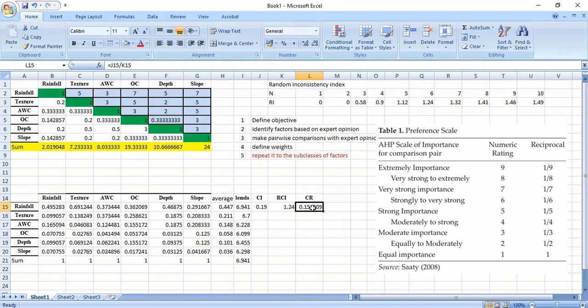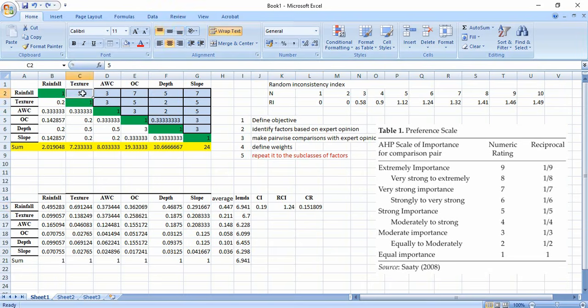Now ideally, if there is no bias and your matrix is consistent, it should be 0. But up to 0.1 it is considered consistent. So now it is showing that this matrix is not consistent.